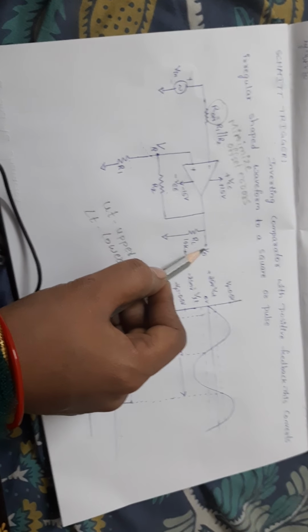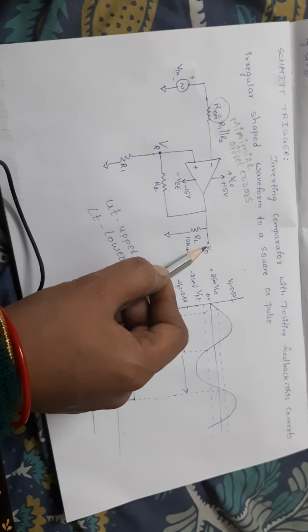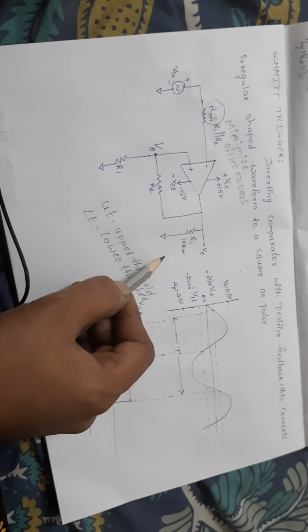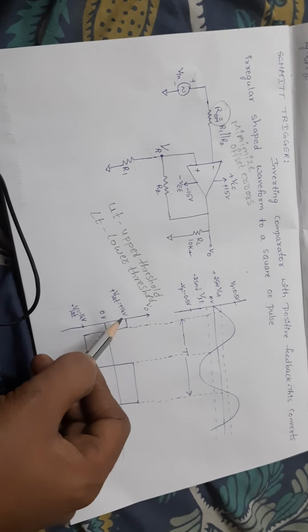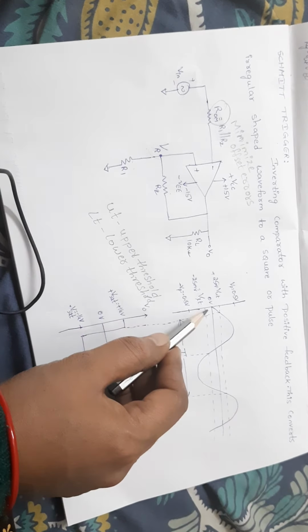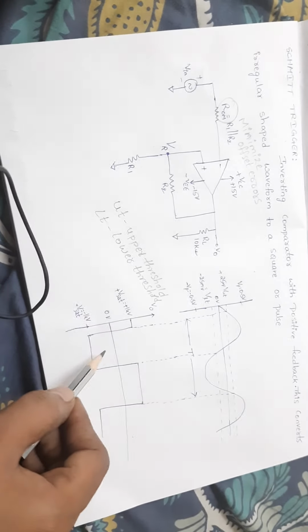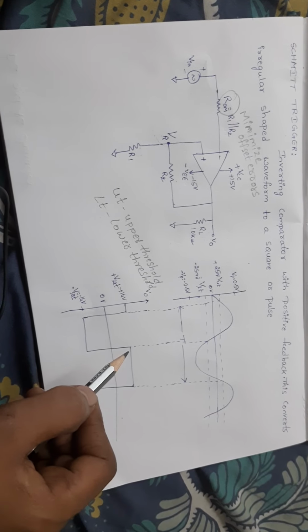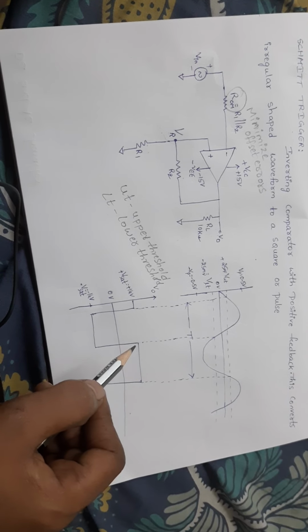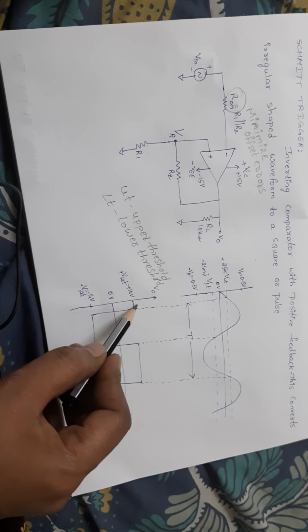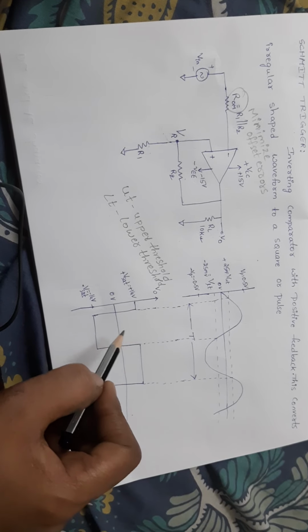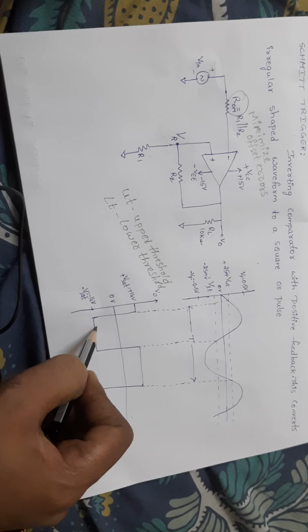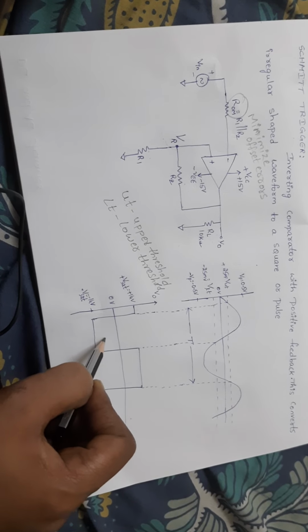Suppose V0 is equal to plus Vsat, then we say that we are at the upper threshold voltage. And if V0 is equal to minus Vsat, then it is the lower threshold voltage.